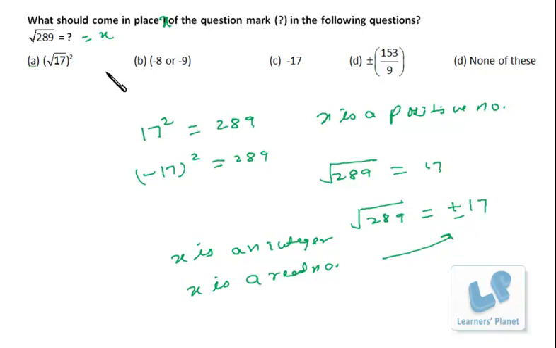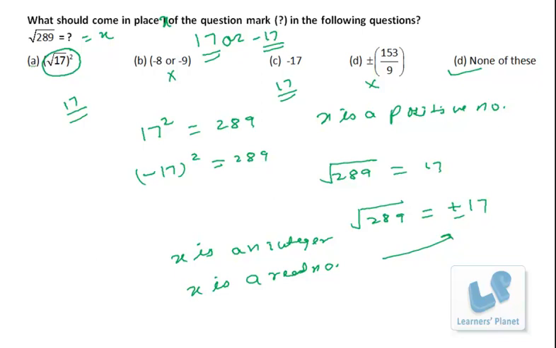In the options, if you see root 17 squared, that will be 17, but we cannot take the value as positive 17 because we are not clear about the status of x. This cannot be the correct option. Minus 17 is one of the values, but the other value 17 should also be there, so this is incorrect. So we are left with none of these, because the value of x will be 17 or minus 17.